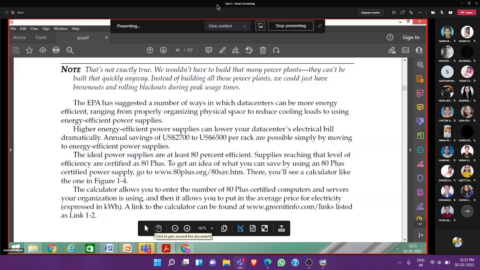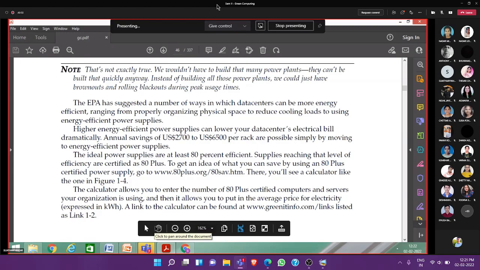But that cooling करने के लिए भी electricity is used. So now what they are thinking, can we reduce that cooling load by using energy efficient power supply? Okay. So energy efficient power supply मतलब वो ज़्यादा heat produce नहीं करेगा. Okay. So if the heat is not produced much, then cooling job भी कम हो जाएगा.